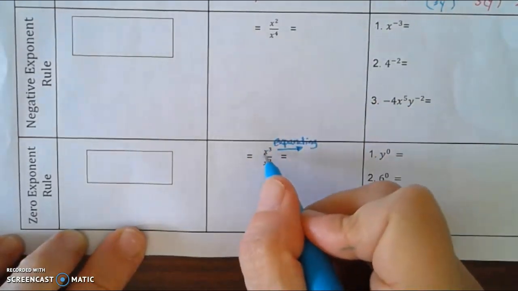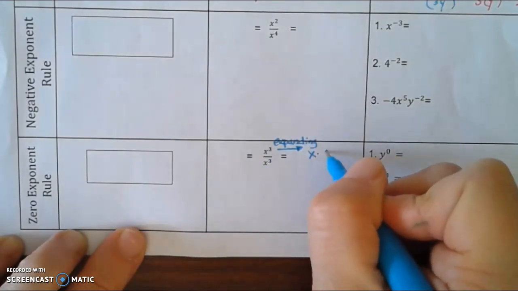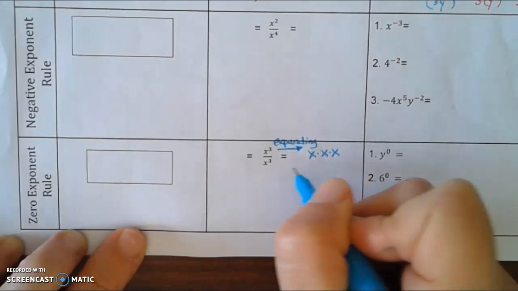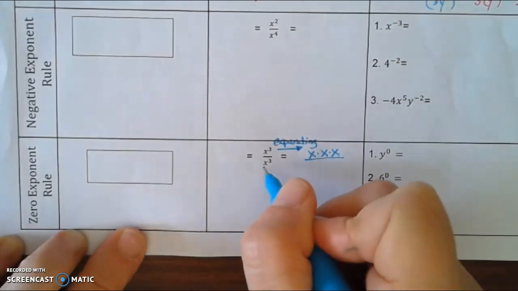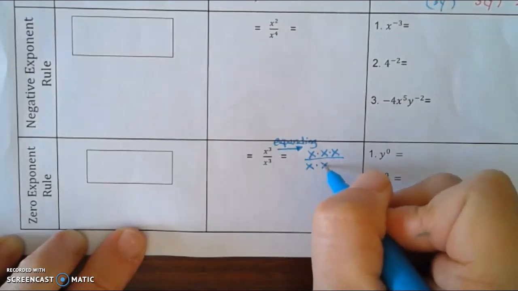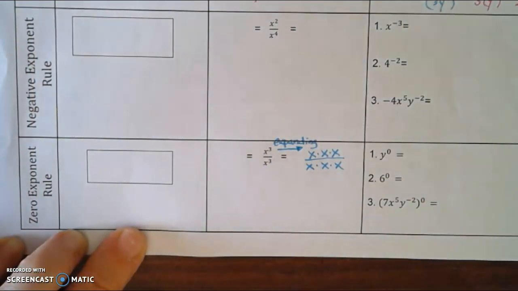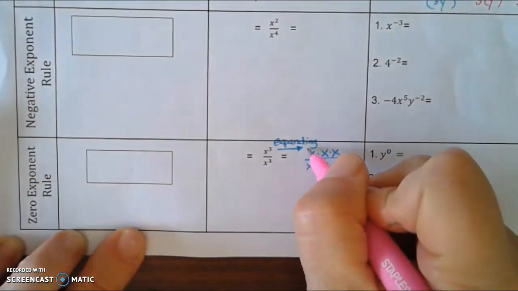If we expand, the numerator is x times x times x, and the denominator is x times x times x. Okay? And from here, you should be able to see that I can make my giant ones.